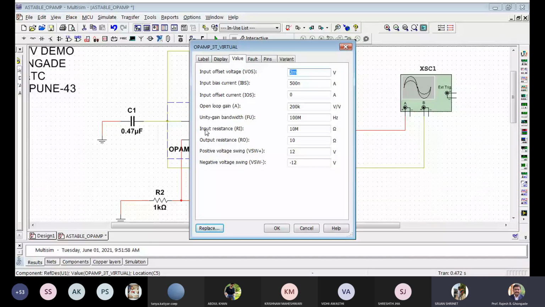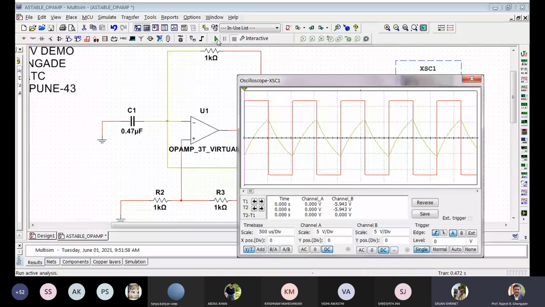Please remember that even though I'm using a virtual op amp, I'm having input offset voltage not as 0 but as 2 millivolts. If that isn't there, you probably won't start with the oscillations. Let us see whether we get it or not.